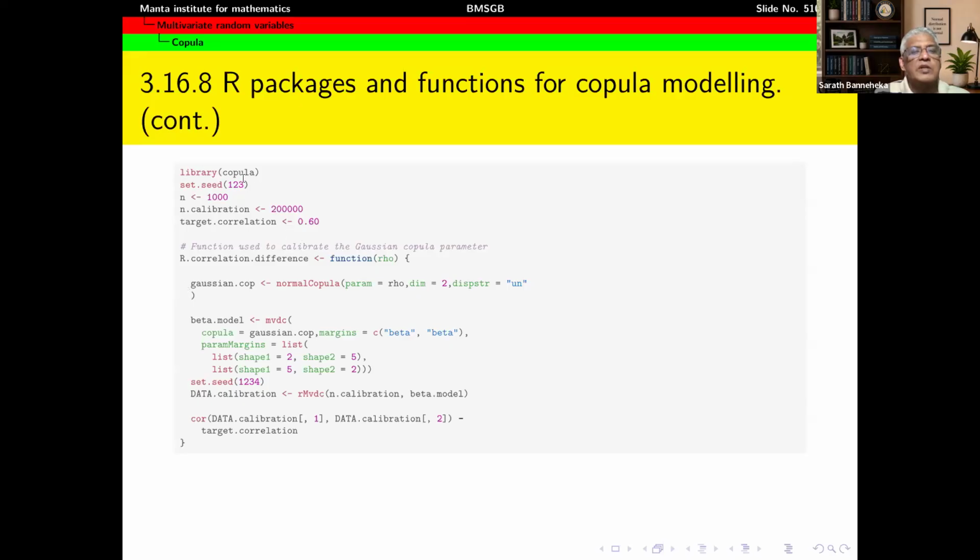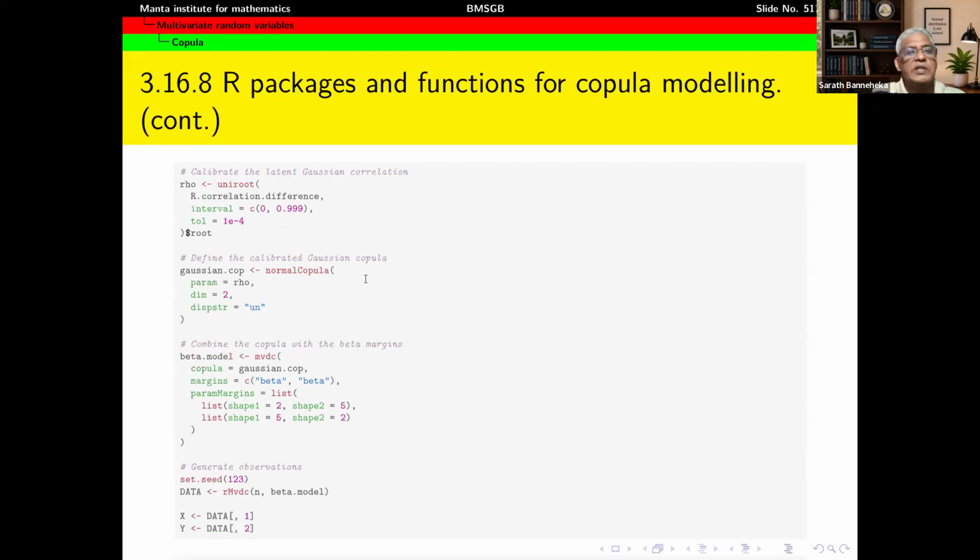But I need to install copula and then call library copula. I still have to calibrate, because I have to give that value as rho. So calibration is done very similar to what I did before, and after that I have used the built-in functions to generate data.